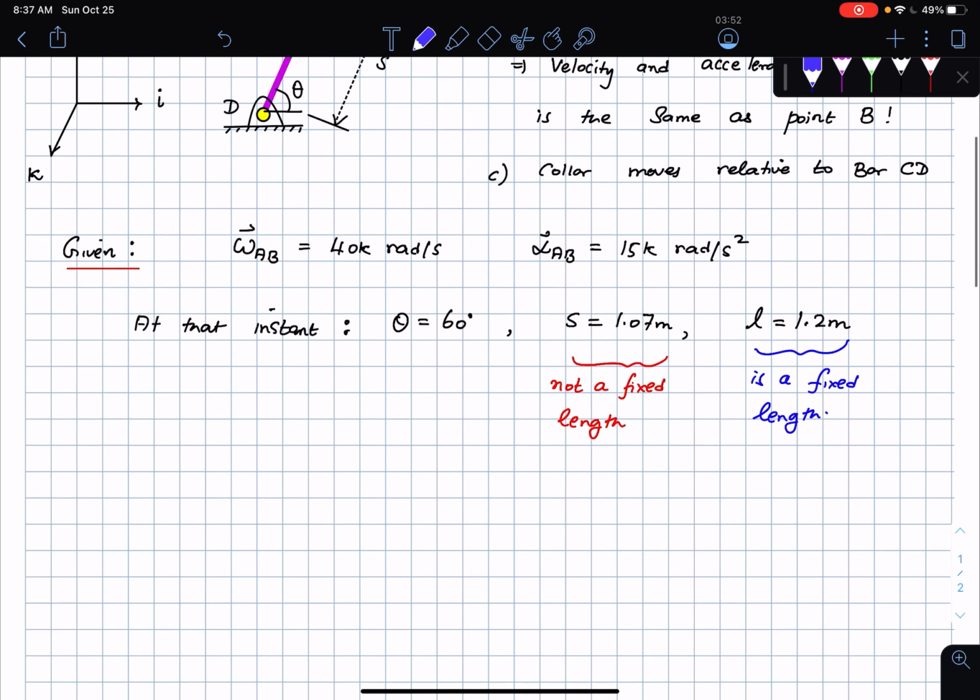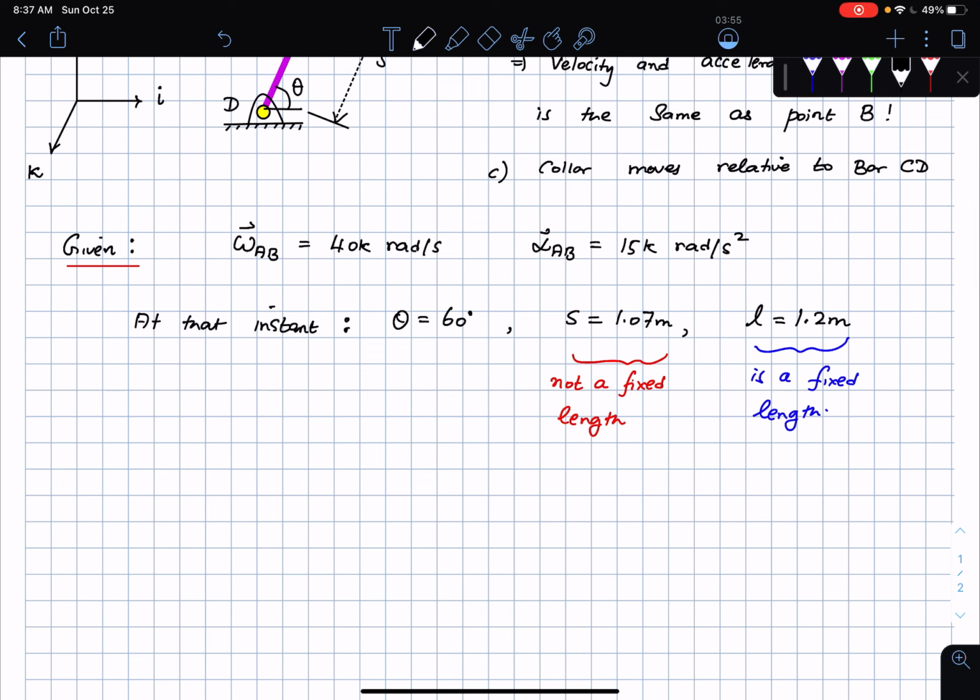What are the things we need to do in this problem? Find the angular velocity and angular acceleration of bar CD. That's the first thing: find omega CD and alpha CD. CD or DC doesn't make a difference. The second thing is to find the velocity and acceleration of the collar relative to the bar CD.